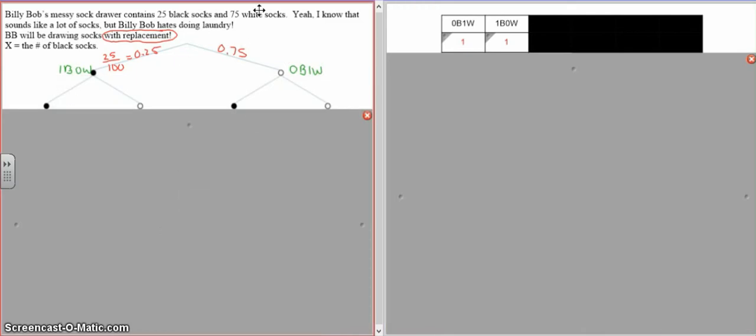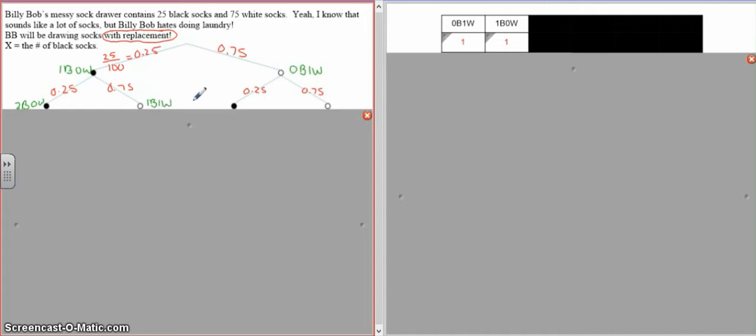Now, if he drew 2 socks, then there's still the same probabilities because there is replacement. But now if you look at the number of branches, this branch here would be 2 black, 0 white. This branch here would be 1 black, 1 white.